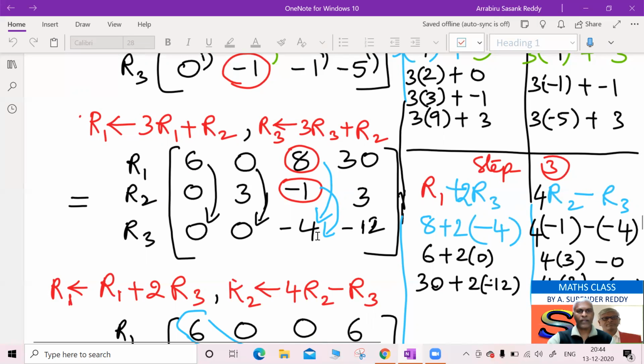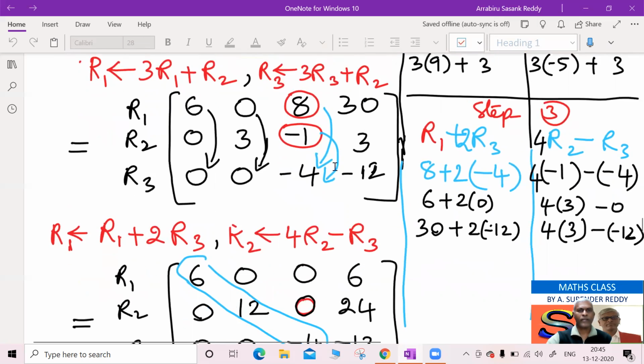So take 8 and -4 and prepare a formula so that it becomes 0. So 8 and -4, first make them equal. So multiply -4 with 2, both become 8 and -8. If you add, they become 0. The formula is R1 plus 2 R3. Applying this formula, 8 becomes 0.